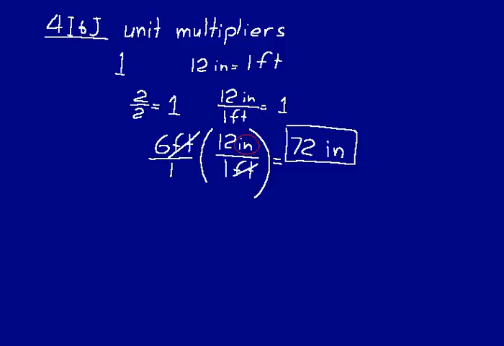Now, just like in geometry problems like we were doing with perimeter, it's real important that you write your units down. It's the same thing in these unit multiplier problems, because that's the whole purpose of it, is to change the units. And then the number changes because the units change. And so the number part is just as important as the unit part. So don't just write 72 for the answer, like in this problem, write 72 inches.